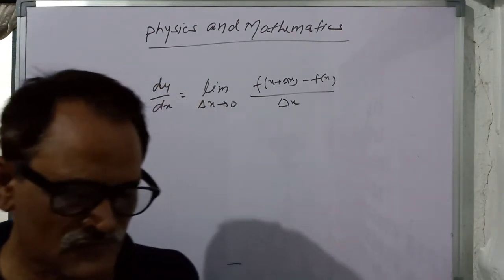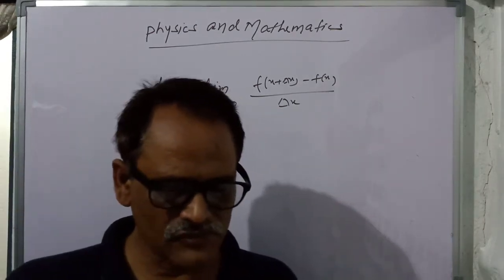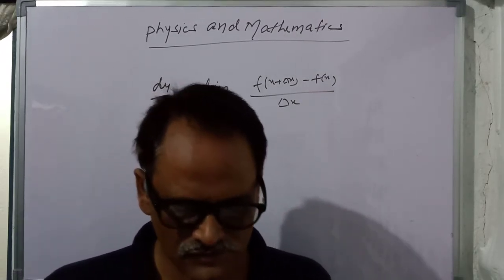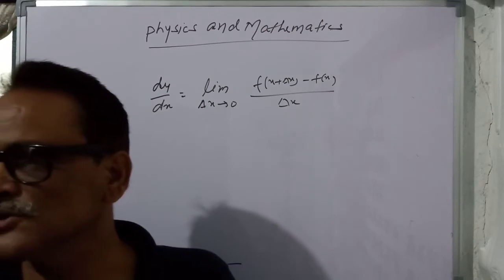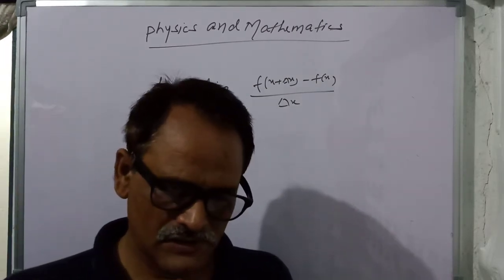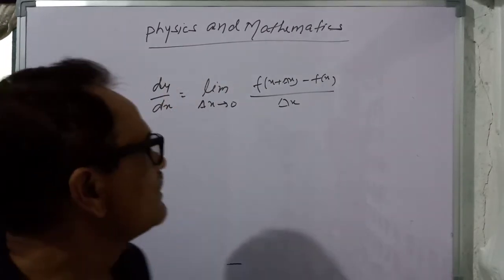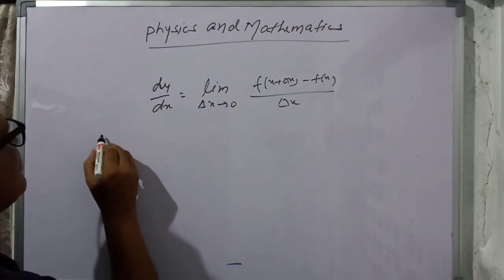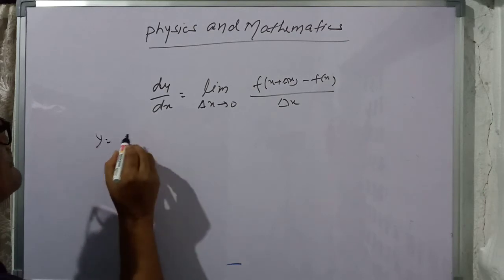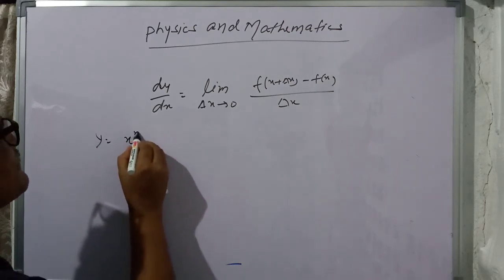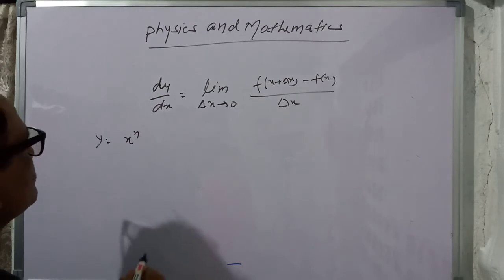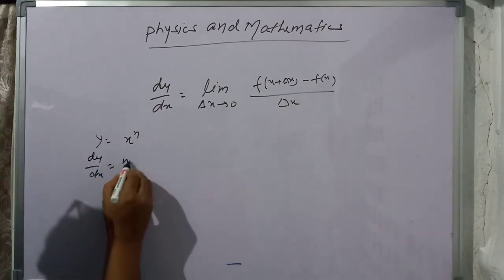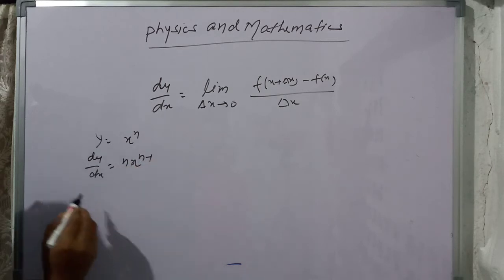Now today I am going to discuss the differential coefficients of some common functions and rules of the derivative. So look at this. If y is x to the power n, it is an algebraic function, then dy by dx is equal to n x to the power n minus 1.